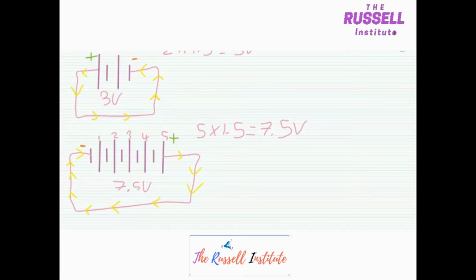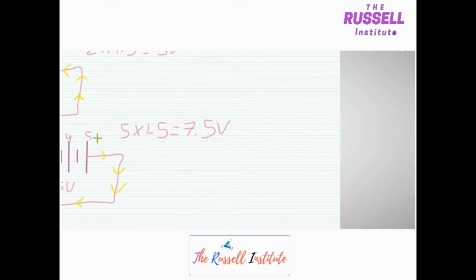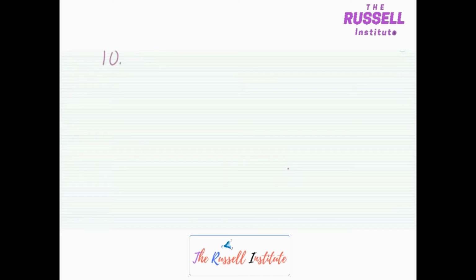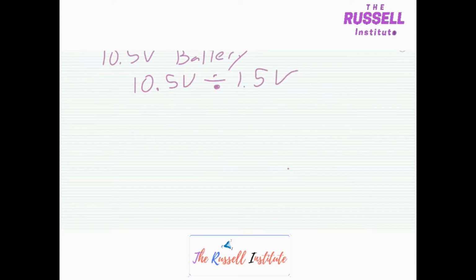My final question is, how do we draw the battery of a cell given its voltage? What if I wanted a 10.5 volt battery? How would I go about drawing that? Well, I need to know how many cells make 10.5 volts. So we're going to divide that by our nominal voltage of 1.5 volts, and we should get 7 cells. 7 cells means 7 long strokes, 7 short strokes.